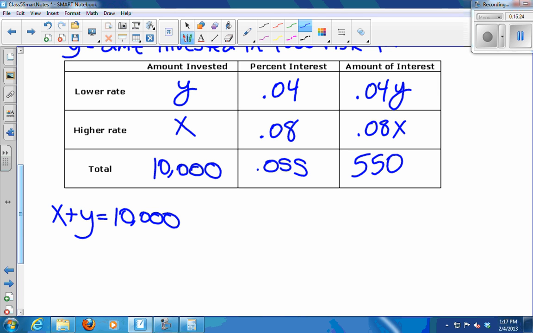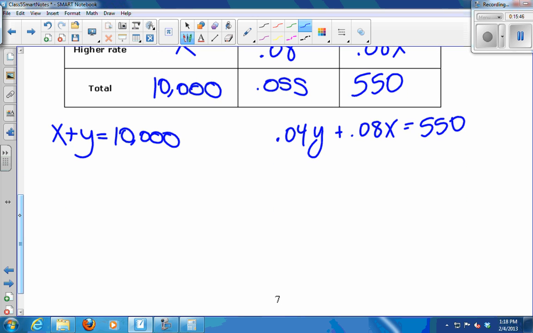So I have 0.04 y plus 0.08 x has to equal 550. So when you have two equations and two unknowns, how do you solve? Anybody remember? Yeah.